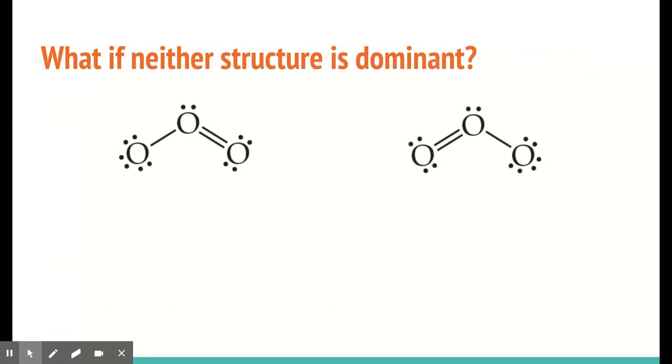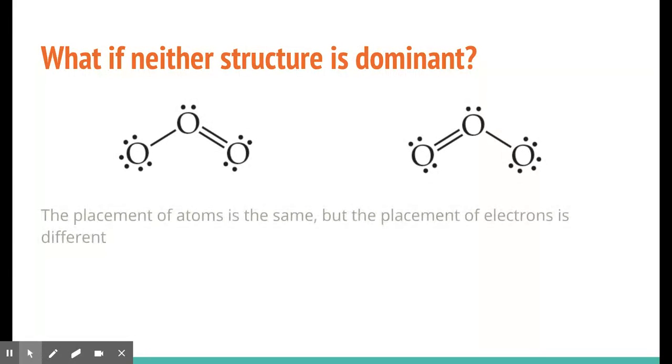Okay. So for ozone, or O3, what happens if neither structure is dominant? Here, the placement of the atoms is the same, but the placement of the electrons is different.